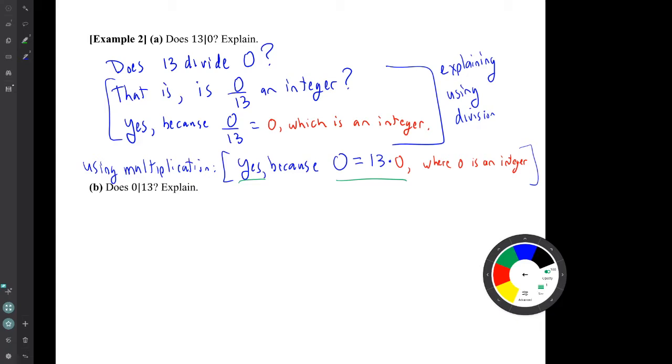Now you might see a little more clearly why I think the color coding is useful. Again, in this green sentence, the blue 0 and the blue 13 were the numbers that were served to us in this original question. They show up down here in blue.